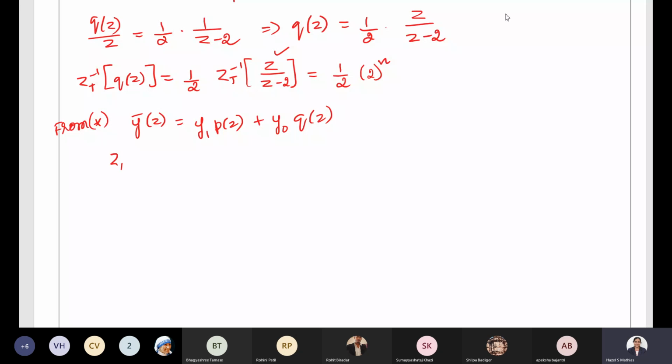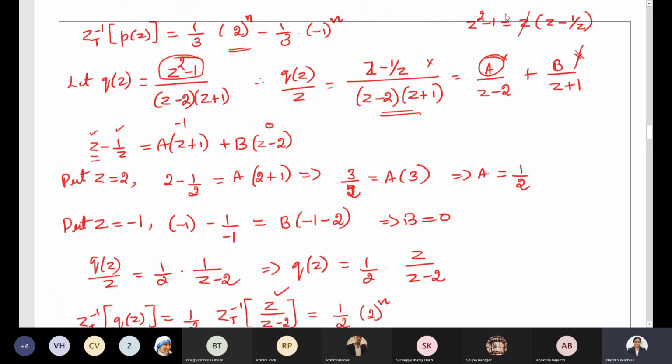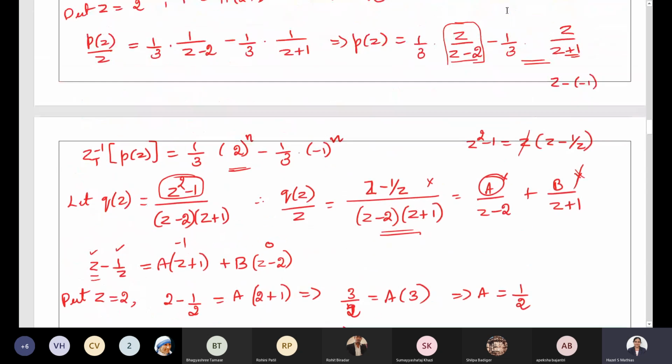In order to find the solution, we shall apply the inverse Z transform. So that is nothing but y1 into inverse Z transform of P of z plus y0 into inverse Z transform of Q of z. Inverse Z transform of y bar of z is y_n. y1 into what is inverse Z transform of P of z? Here it is.